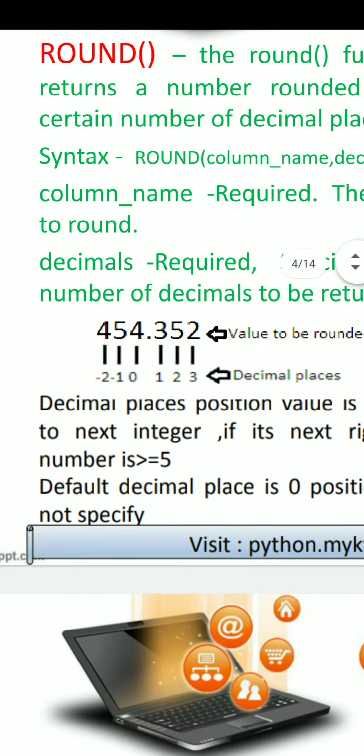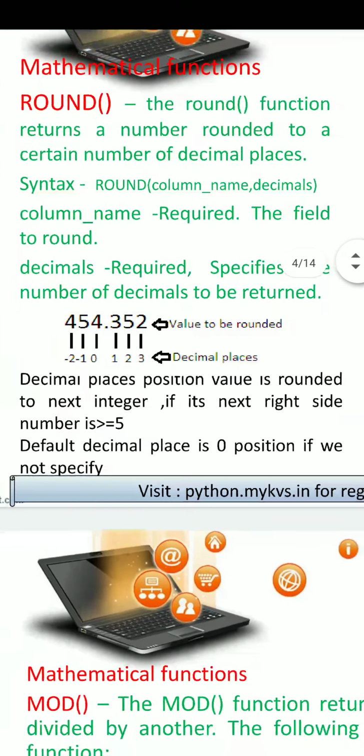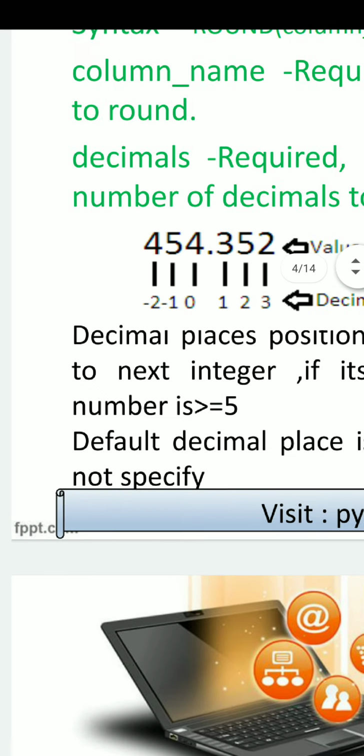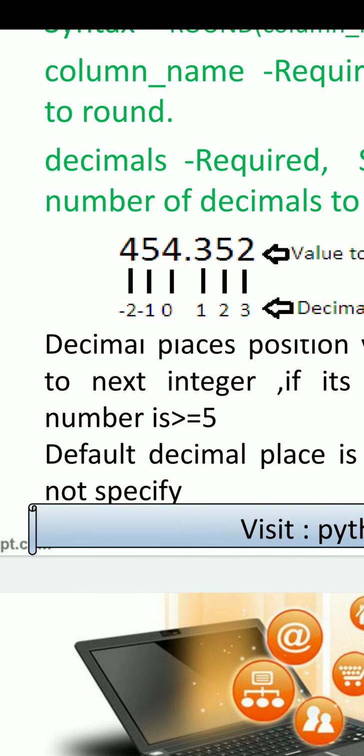So the value at a decimal place position is rounded to the next integer if its next right side number is greater than or equal to 5.